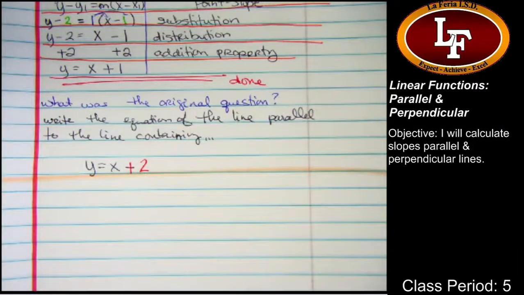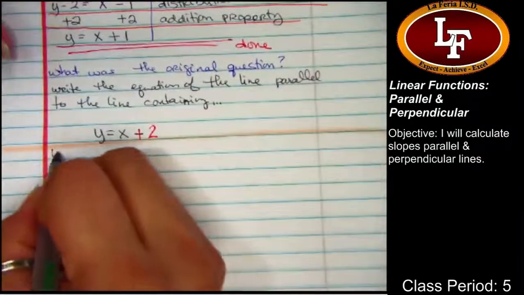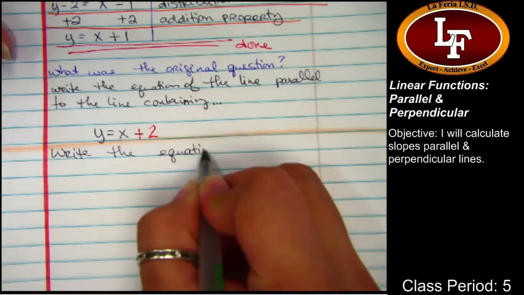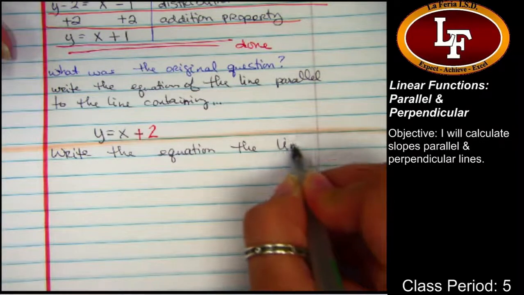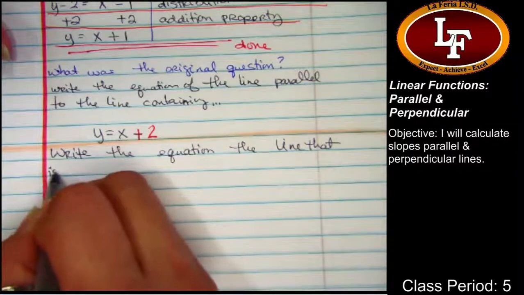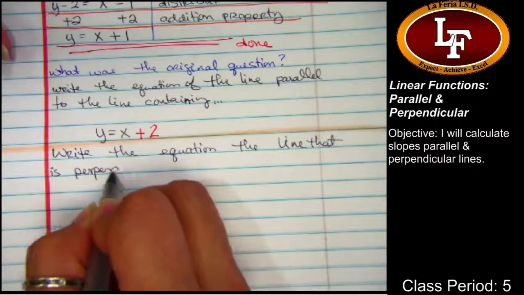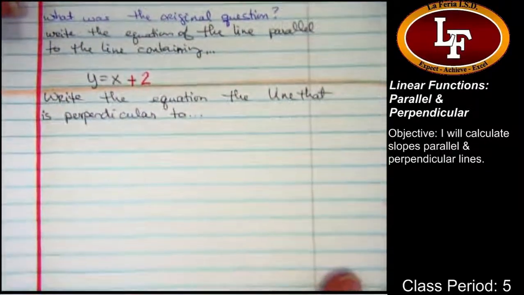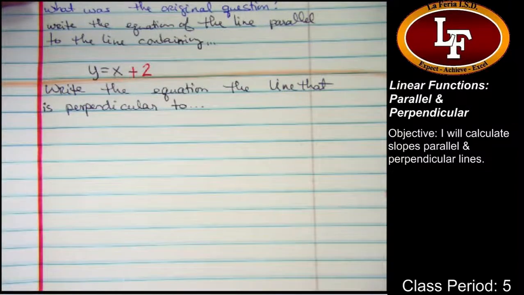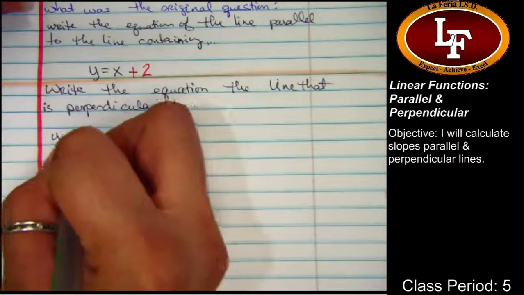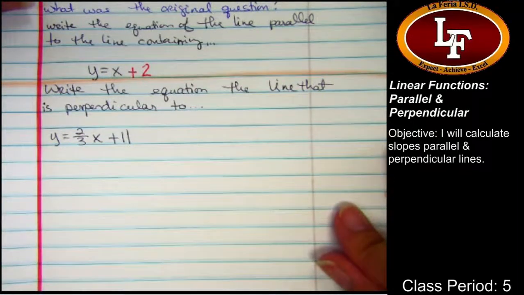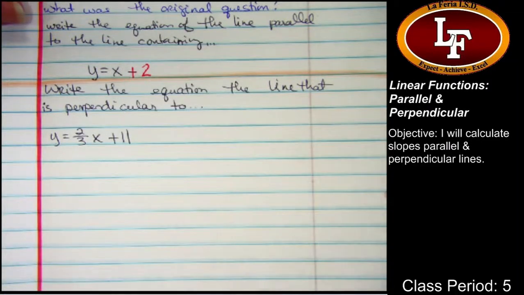All right, here's another practice moment. Write the equation of the line that is perpendicular to y equals 2 over 3 x plus 11. That means you're looking at yesterday's notes.